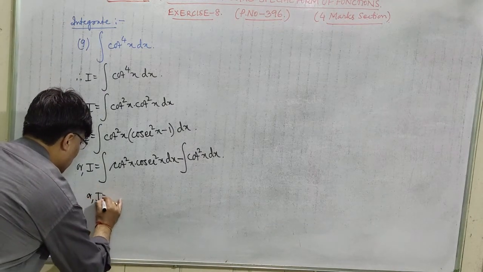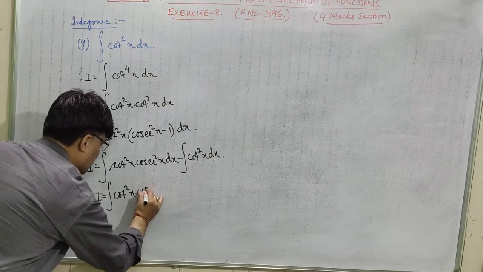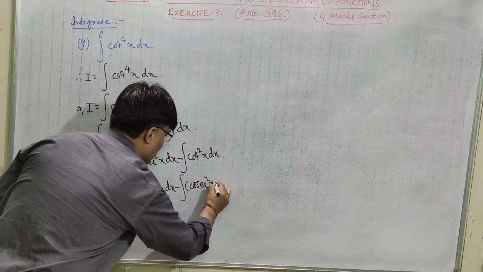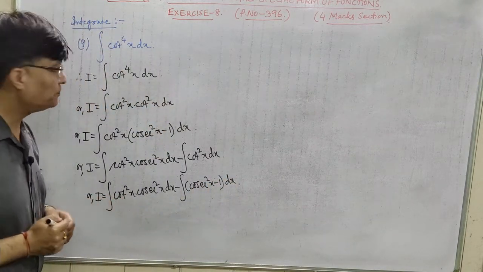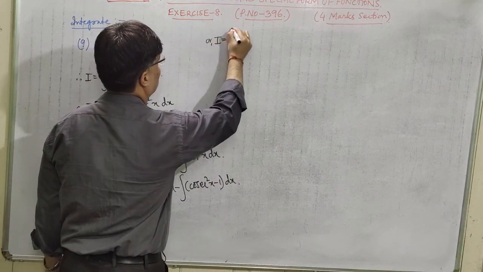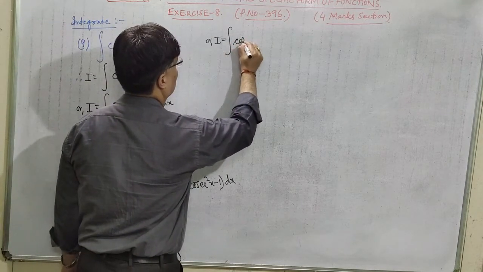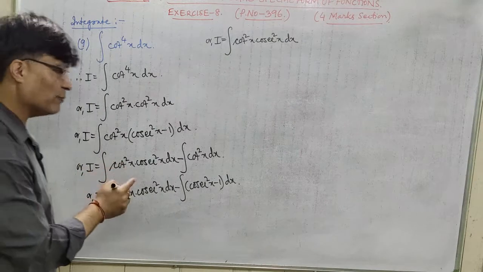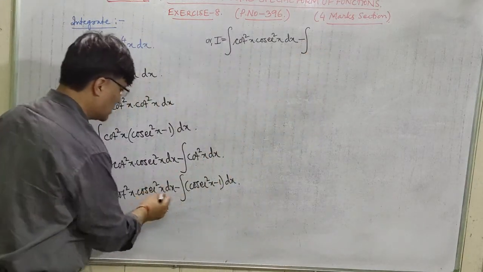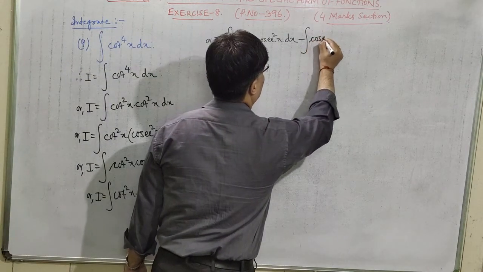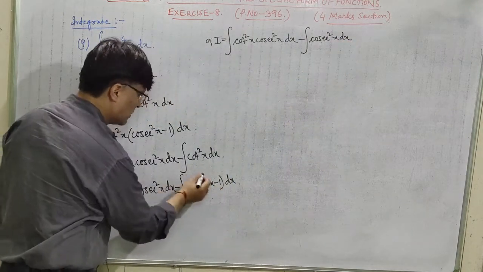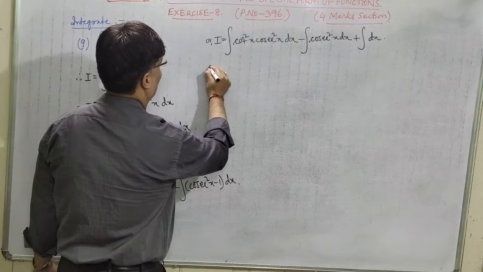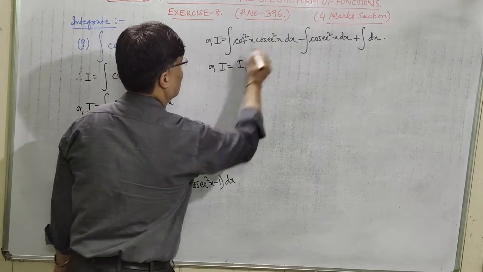So I is equal to integration of cot square x into cosec square x dx, minus integration of cosec square x minus 1, bracket close, dx. Let us separate the terms: integration of cot square x cosec square x dx, minus integration of cosec square x dx, minus into minus plus, integration of dx. Is that clear?